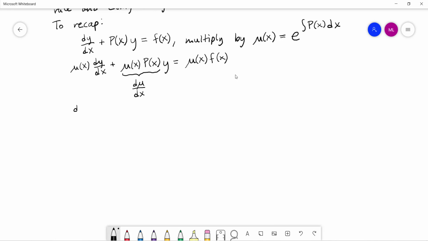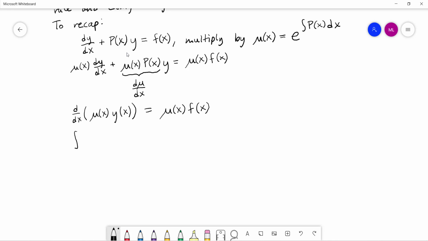So what this looks like is d dx of mu of x times y of x, and that's equal to mu of x times f of x. And we can integrate both sides of this. Integrating on this side is nice. It'll just get rid of the derivative that shows up.